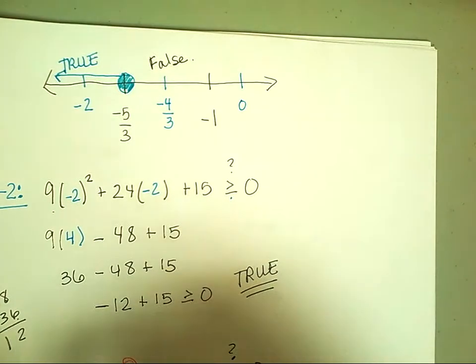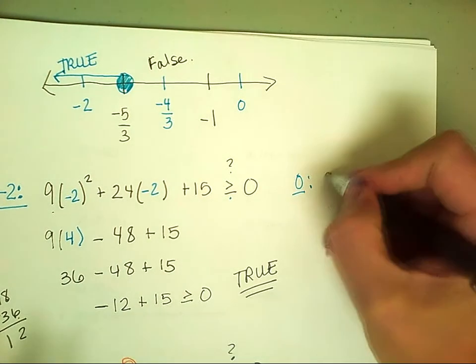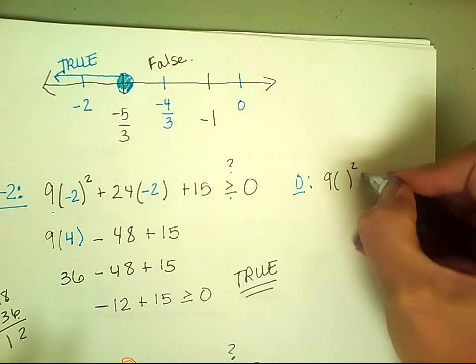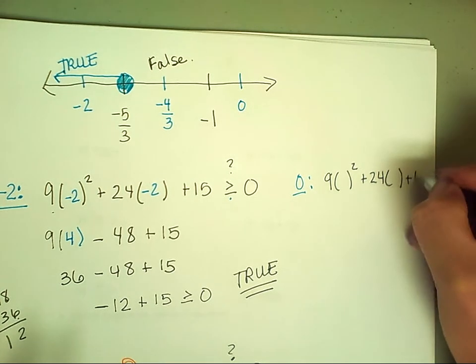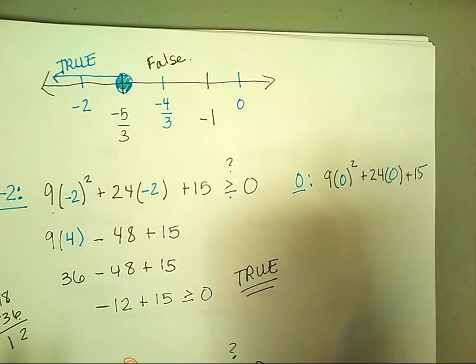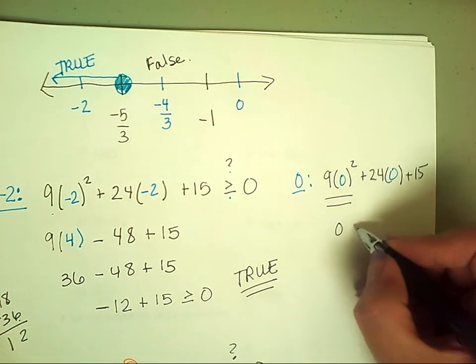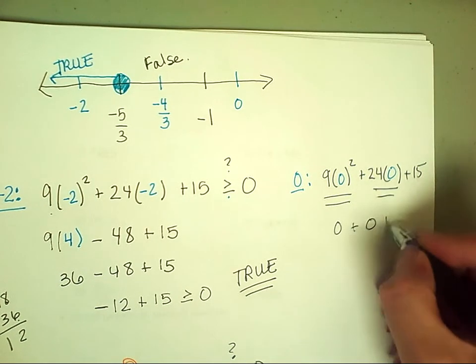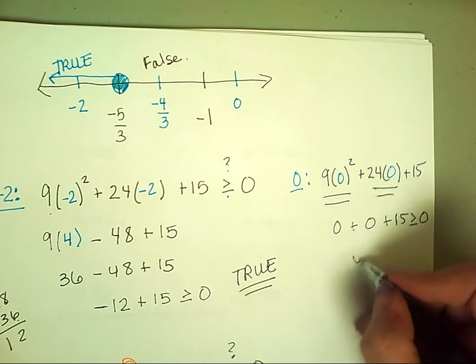Now, let's look here and test 0. With 0, the form is 9 times something squared plus 24 times something plus 15. So what we're testing is 0. The great thing about 0 is this becomes 0, this becomes 0, plus 15.